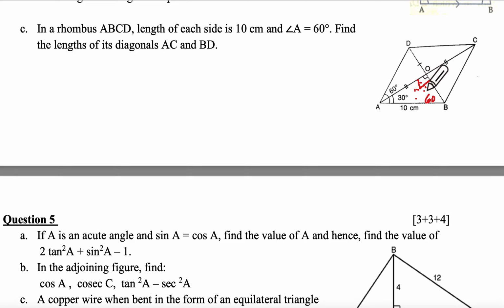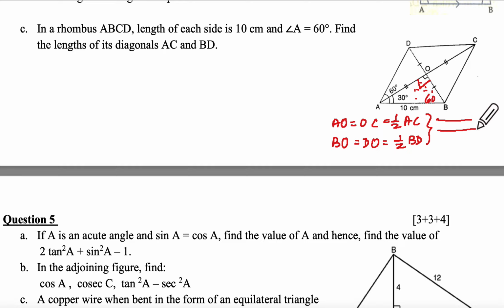So this triangle becomes a right angle triangle, correct? What else do I know? AO is equal to OC, and that is equal to half of AC. Then BO is equal to DO, equal to half of BD. What is the reason here? Diagonals of a rhombus bisect each other at 90 degrees, correct?